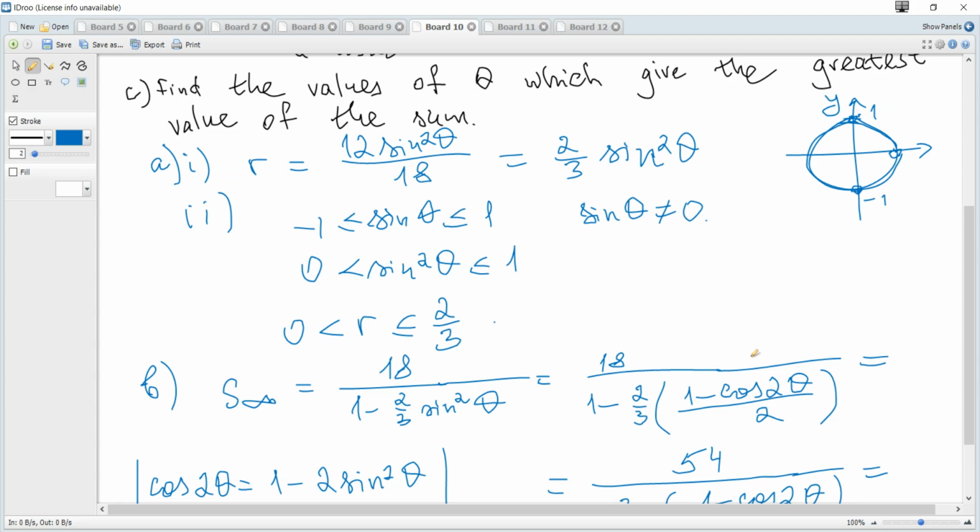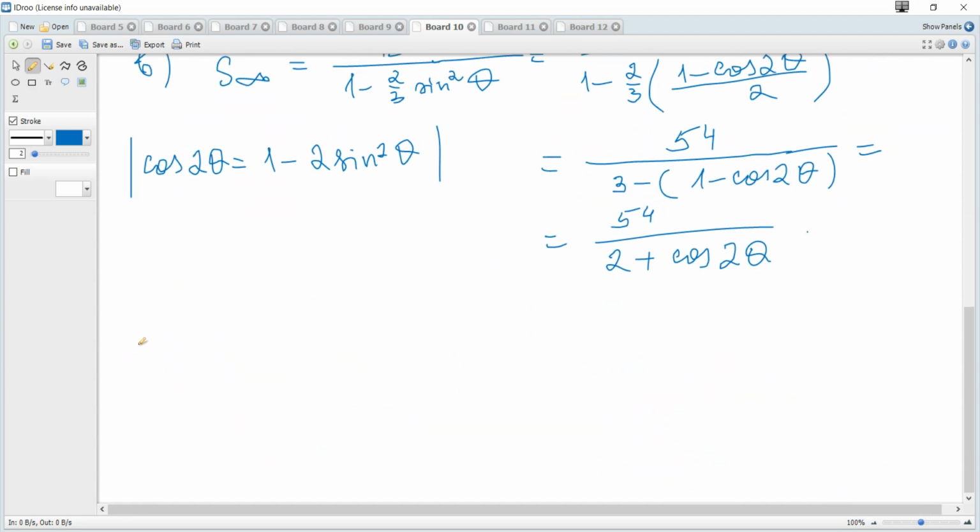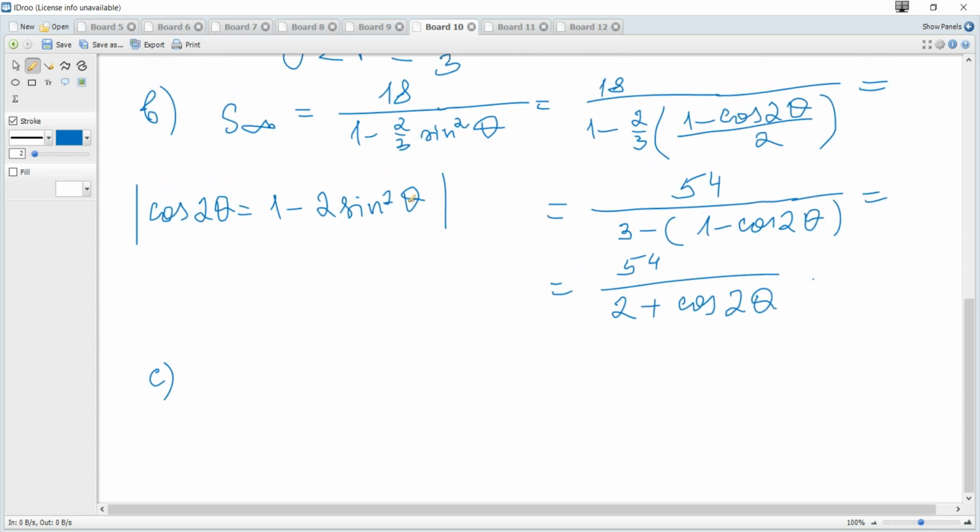And the next, find the values of theta which give the greatest value of the sum. Definitely you may use differentiation, but the sum to infinity is the first term, which is constant, divided by 1 minus r, and for the sum to be the greatest, 1 minus r must be the smallest.